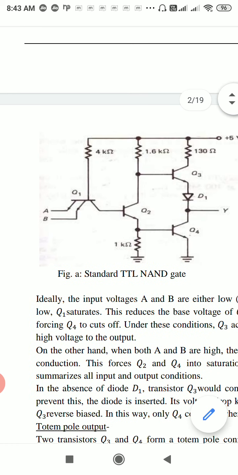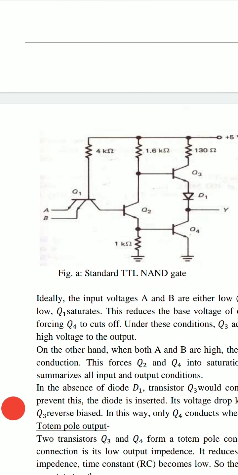A and B are 2 inputs. So if we have 2 emitters, we can get 2-input NAND gate. If we have 3 emitters, we can get 3-input NAND gate.